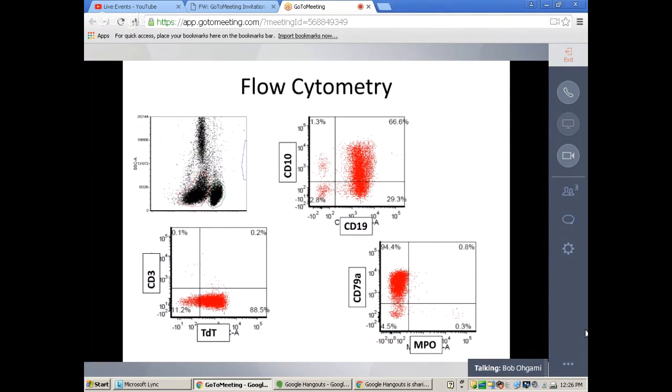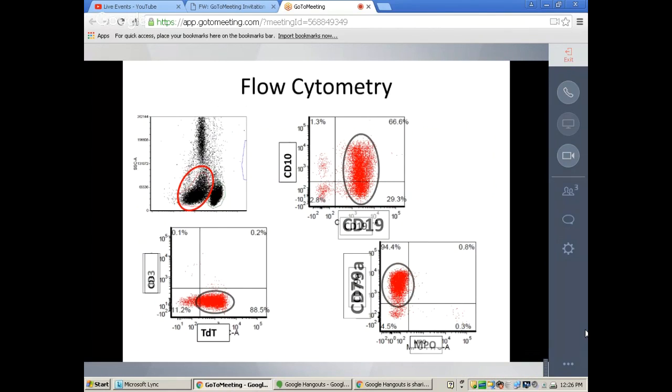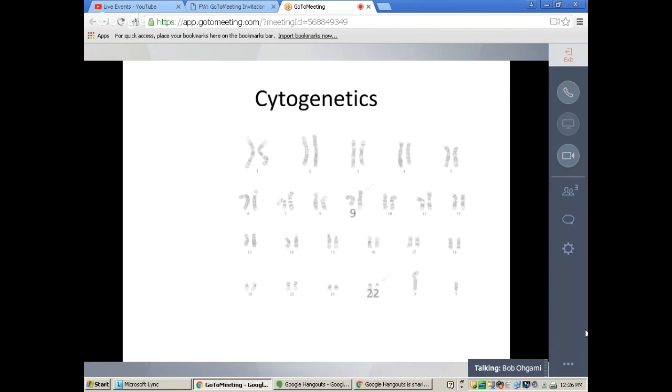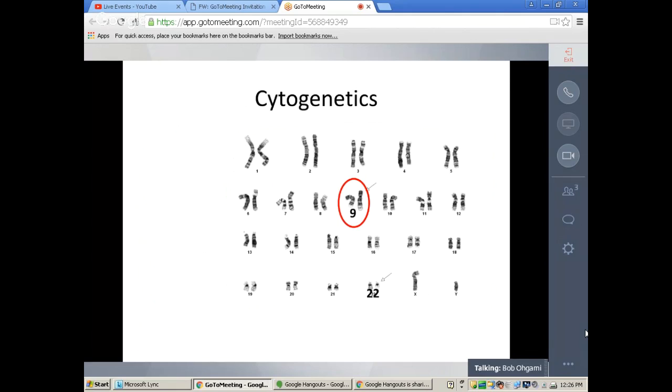You can see that these blasts express CD19 and CD79A, so B cell markers, and they have TdT, an immature lineage marker. And so the immunophenotype here is that of B cell lineage, right? Cytogenetics are performed, and the cytogenetics actually show a 9;22 translocation, as shown here.